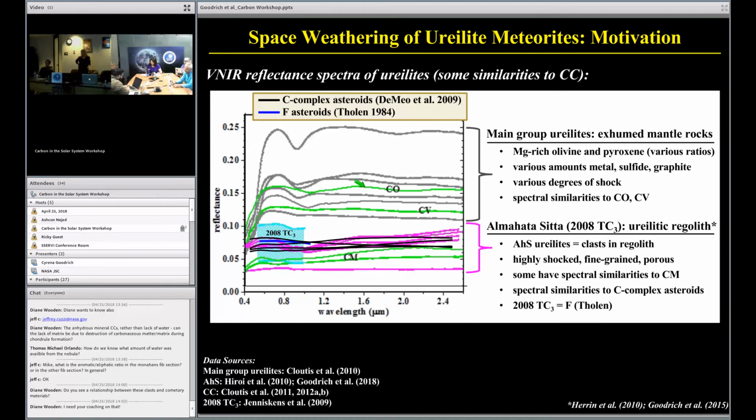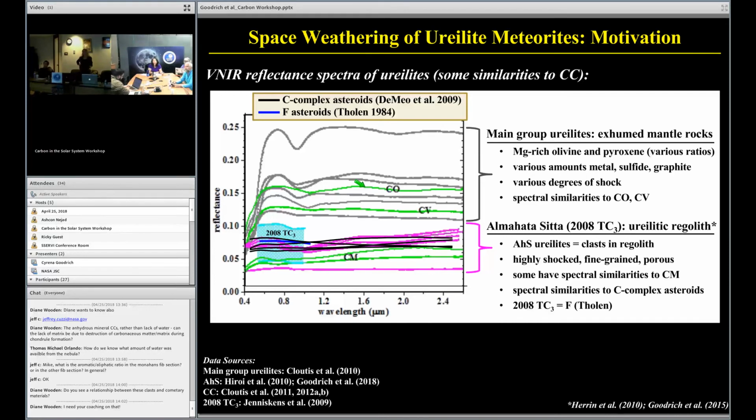They also show spectral similarities to some C-complex asteroids. In fact, asteroid 2008 TC3 itself, which was measured in the 0.5 to 1 micron wavelength range, had a spectrum which matched most closely with F-type asteroids, which were a subtype of C asteroids in the Tholen taxonomy.